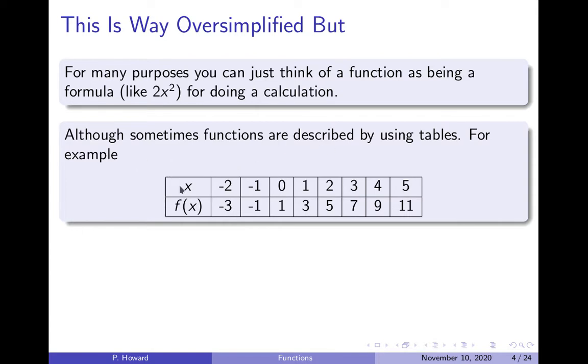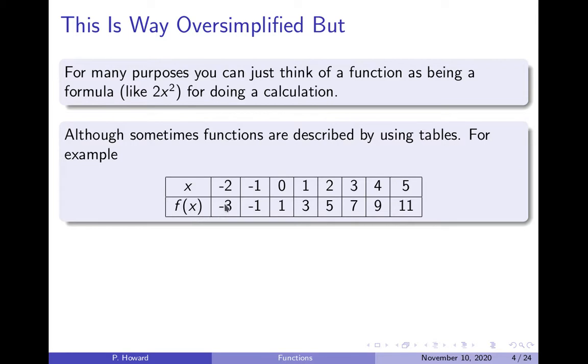So in this table, the inputs are listed in the top row, the row labeled x. So the possible inputs are -2, -1, 0, and so on. And the corresponding outputs are listed in the second row of the table, the row labeled f of x.